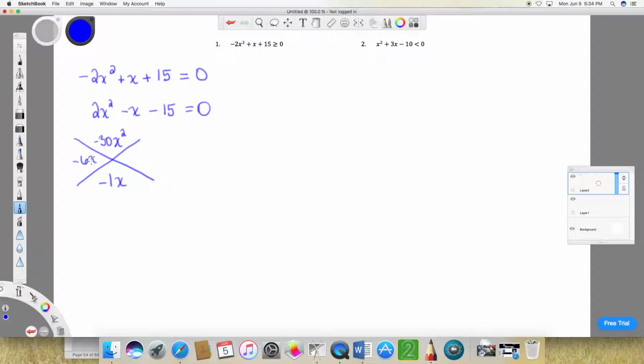Negative 6x and 5x, I believe, do the trick: negative 6 times a positive 5 is negative 30, yet when you add these together, you get negative 1. So let's put this information in a table.